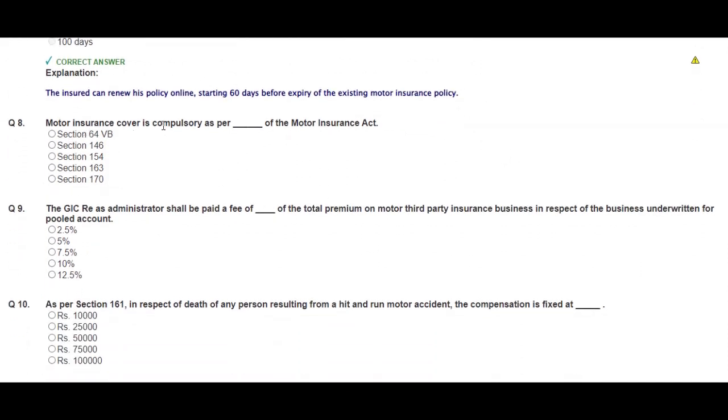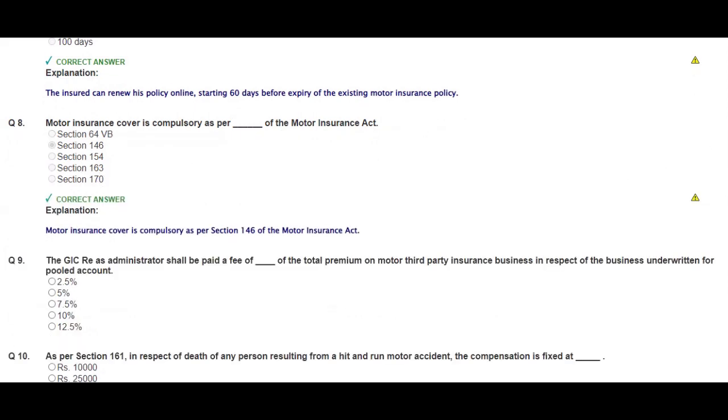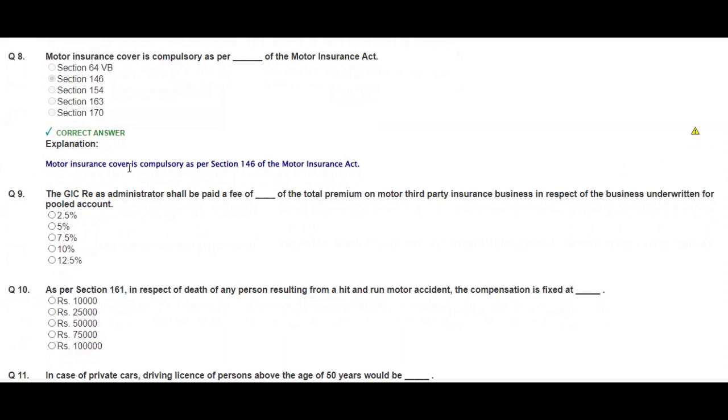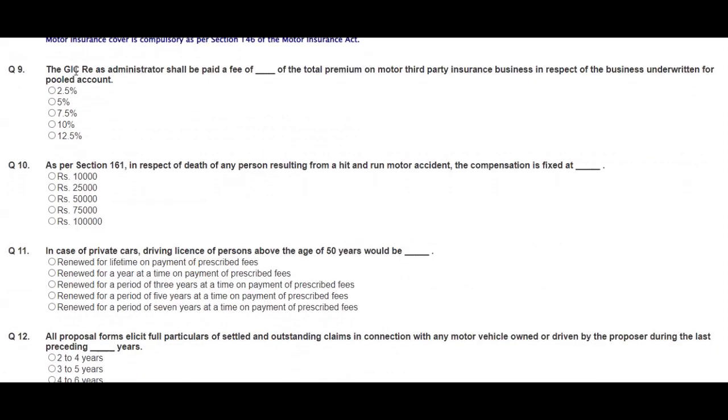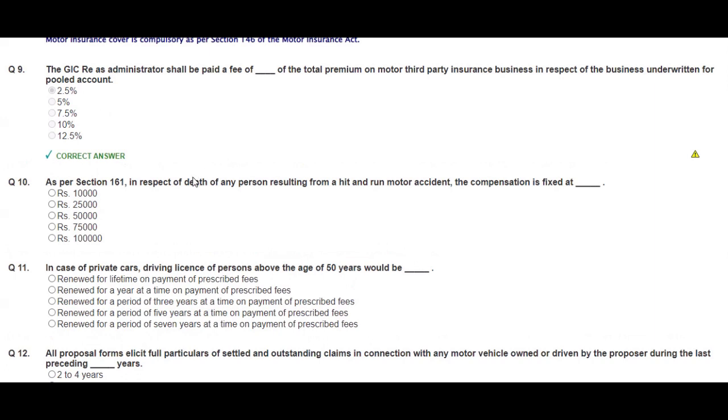Motor insurance cover is compulsory as per Motor Vehicle Act, section 146. The general insurance company as administrator shall be paid a fee of 2.5% of the total premium on motor third party insurance business in respect of business underwritten for the pool account.